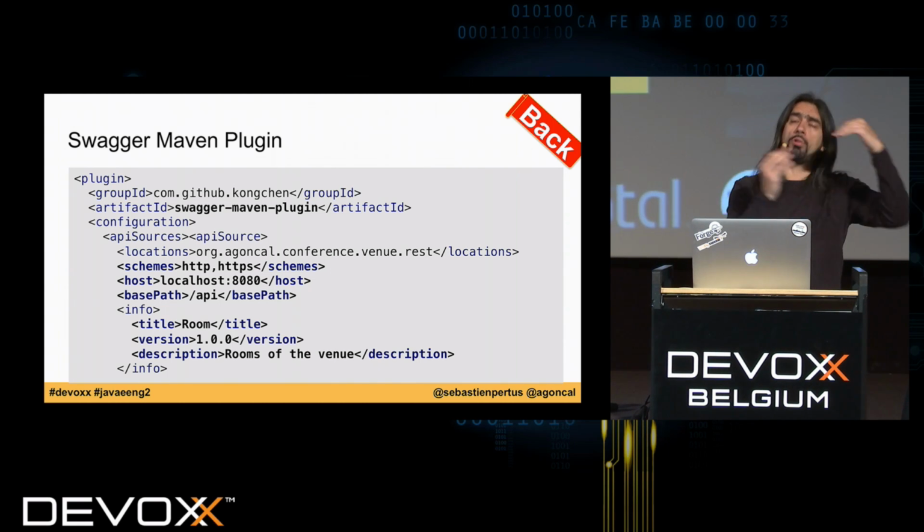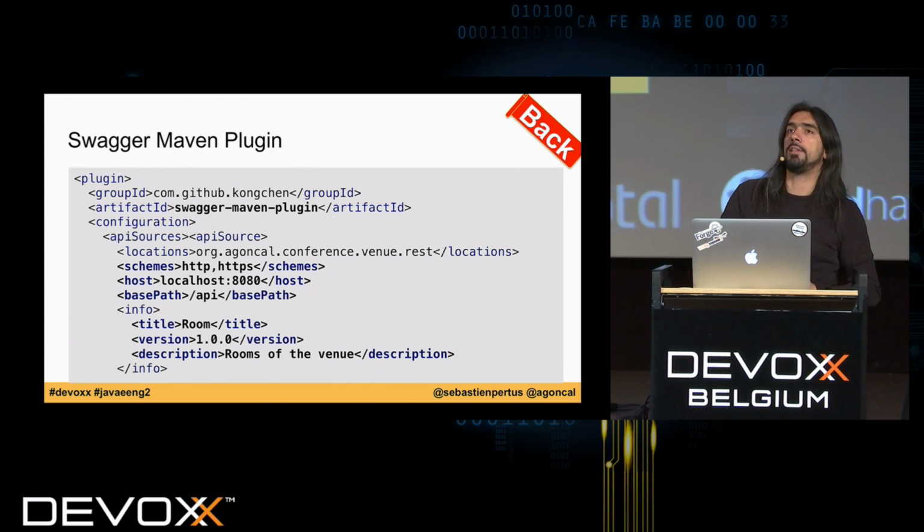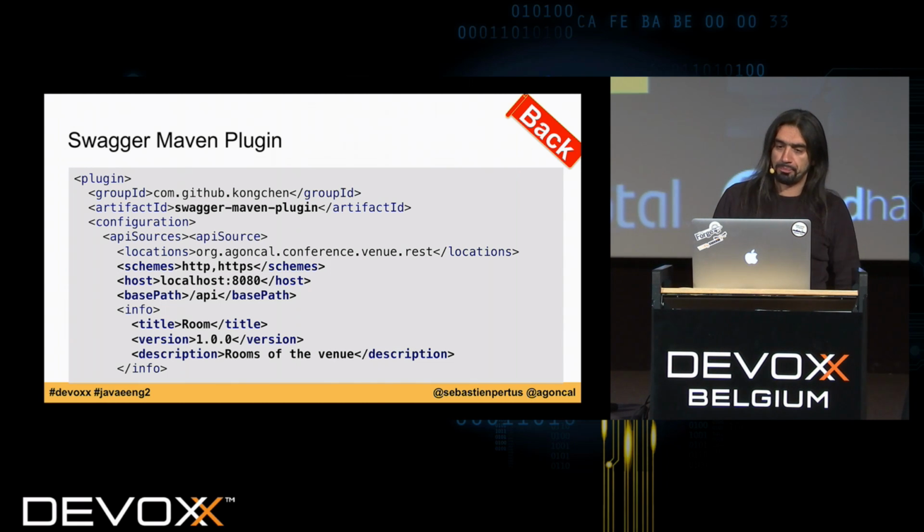So you don't need all the runtime. It just creates a text file, and you embed that in your WAR file. If you want to make things smaller in a microservice world, you can also do that. So you take the Swagger runtime out.